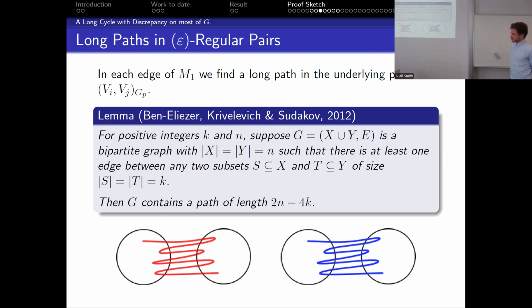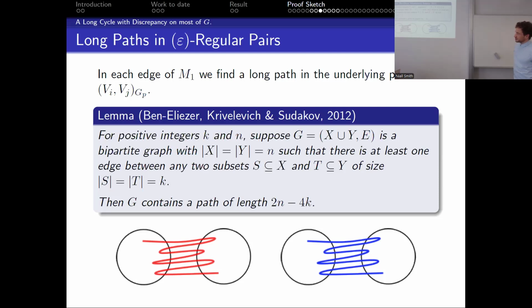Krivelevich has done a lot of work on long paths and Hamilton cycles in random graphs, and he's got this trick using the properties of depth first search that is very effective. If you have two subsets of the vertices, and you know that between any subsets of a certain size there's always an edge, then you can show that G has a long path.